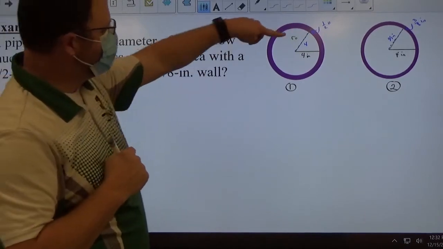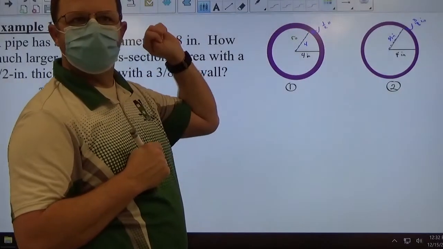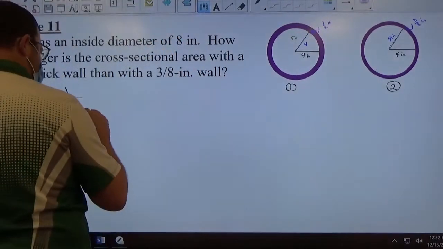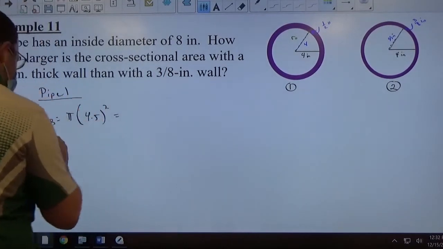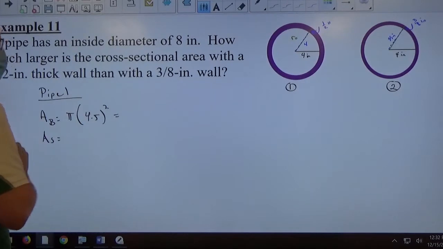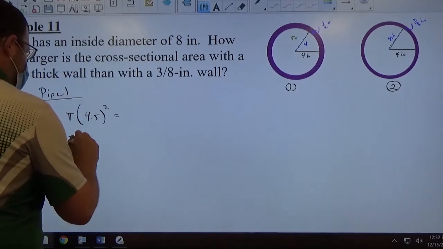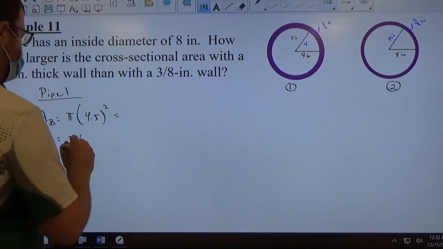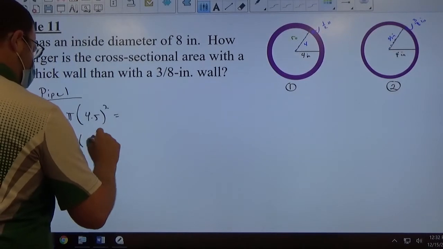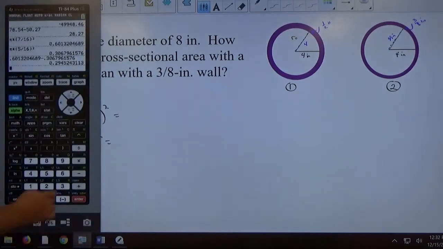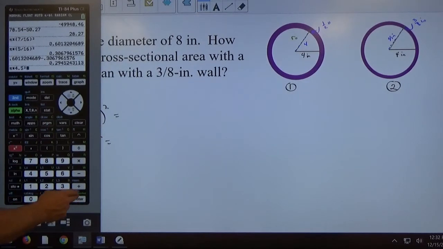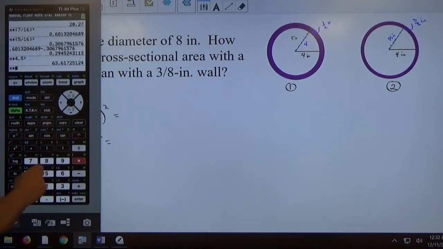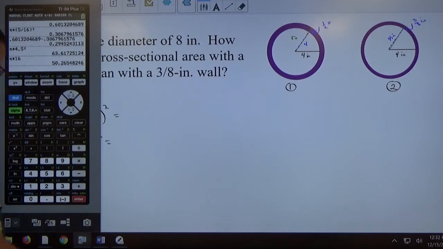Its radius is simply 4 plus 1/2, 4.5, so 4.5 squared. The area of the small one is going to be pi times the inner radius squared, which is 4 squared. Our calculator can evaluate those, so we can do pi times 4.5 squared and pi times 4 squared.